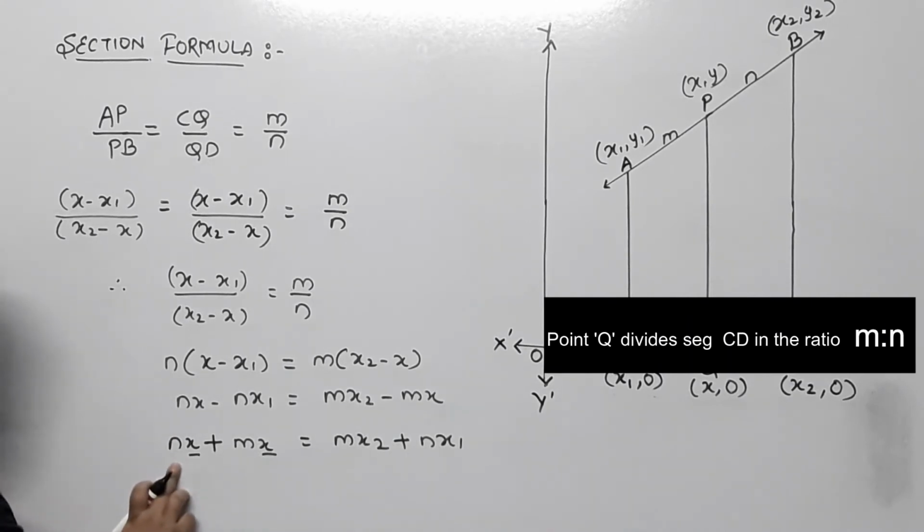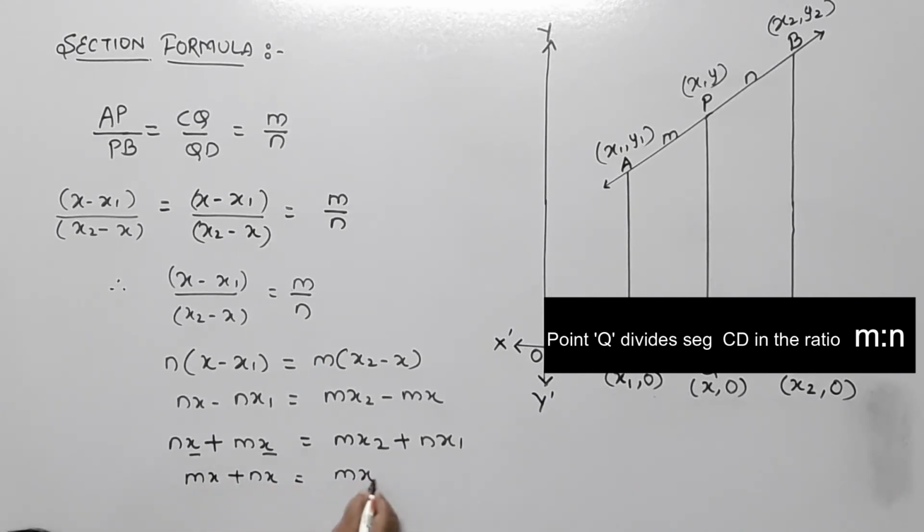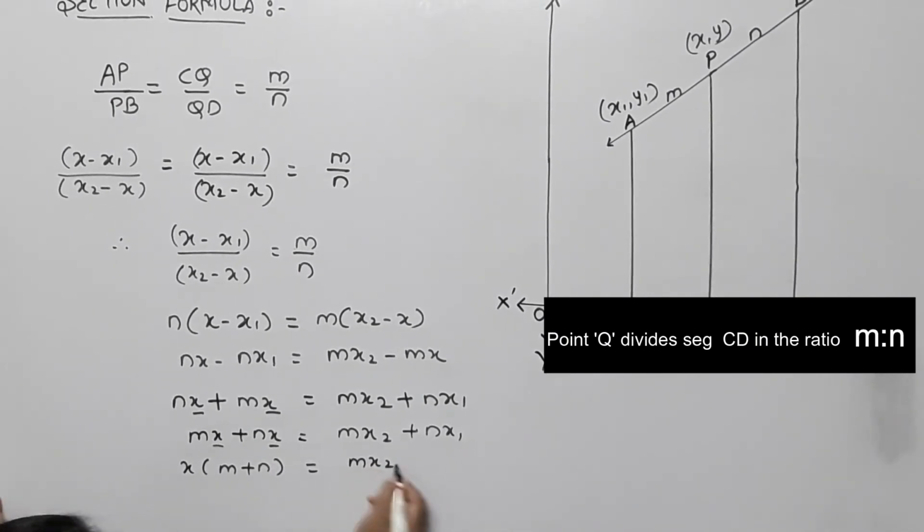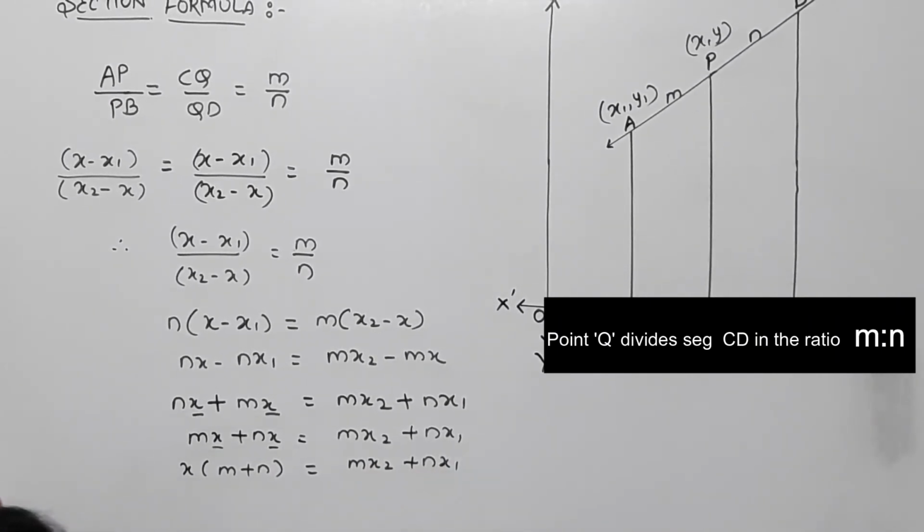I'll change the position: mx plus nx is equal to mx2 plus nx1. So x is common. In the bracket it will be m plus n, and here we'll keep mx2 plus nx1 as it is.